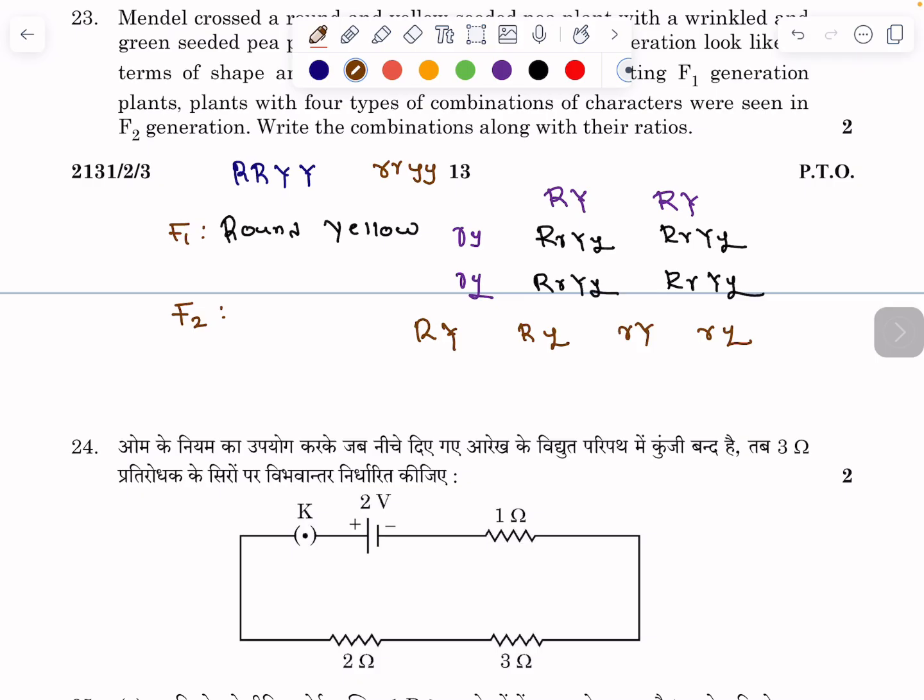Similarly, you do this, and how many types of plants will you get like this: capital R capital Y, capital R small y. Okay, just a minute.